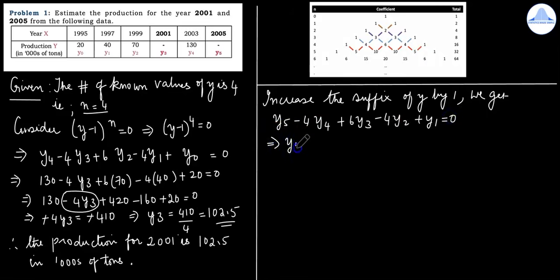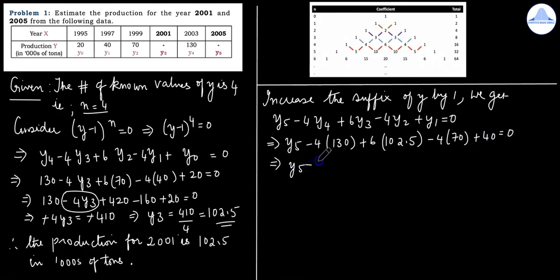Which implies y5 minus 4 into 130 plus 6 into, for y3 you substitute 102.5, minus 4 into 70 plus 40 is equal to 0. Which implies y5 minus 520 plus 615 minus 280 plus 40 is equal to 0.